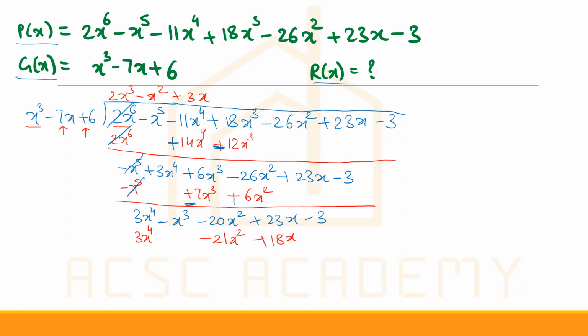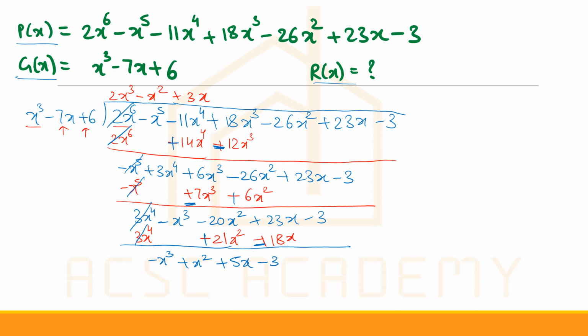Again when we subtract them, this term is gone. We get minus x cube. Then this is plus 21 and minus 20, so plus x squared. And here we have plus 23 and minus 18, which means plus of 5x minus 3.